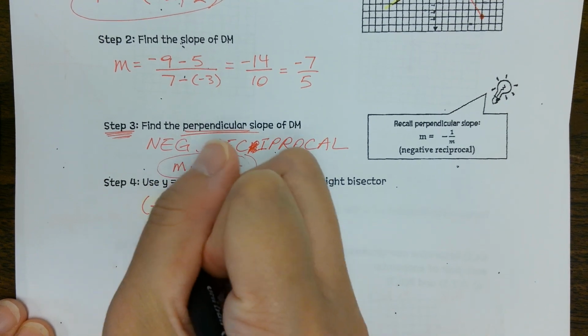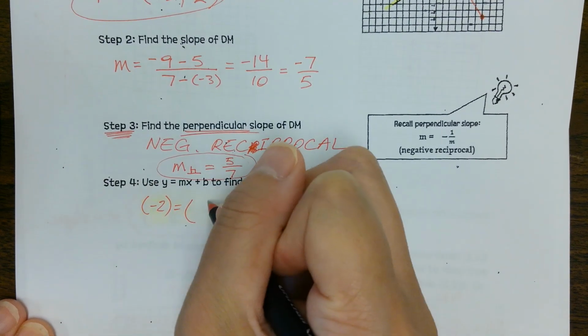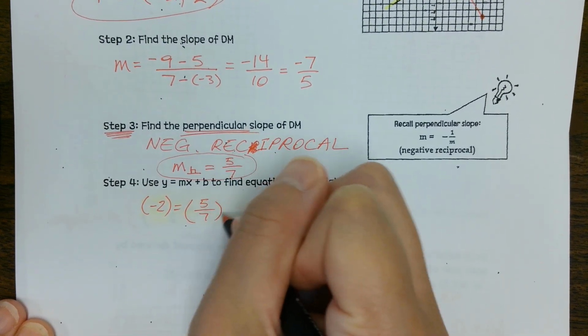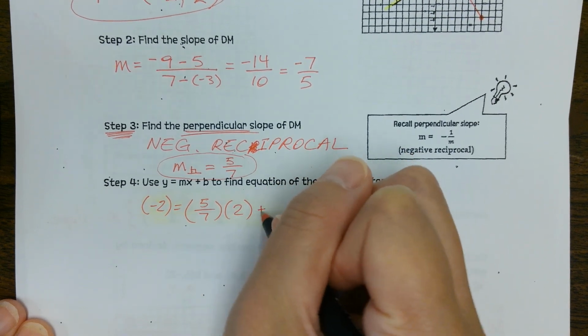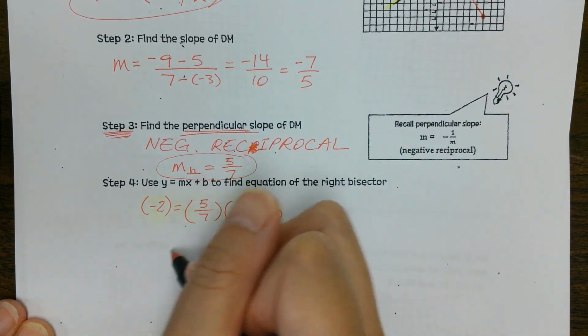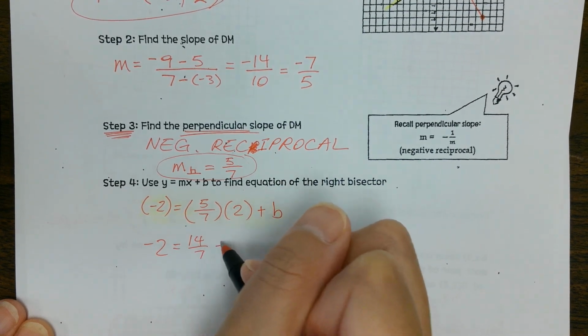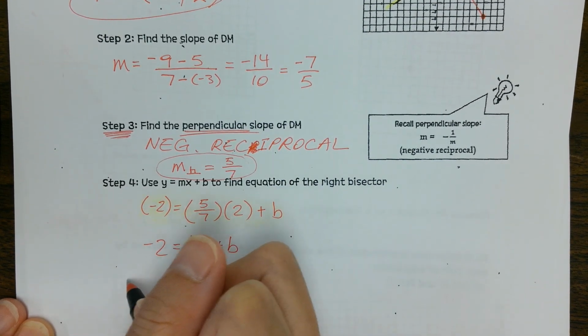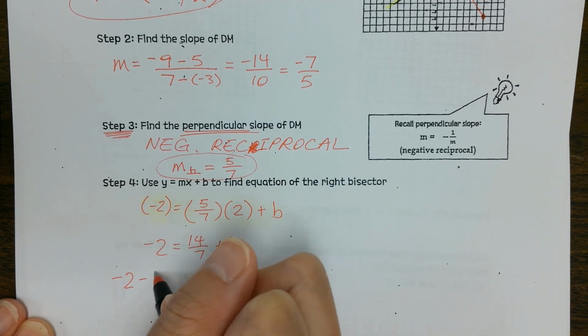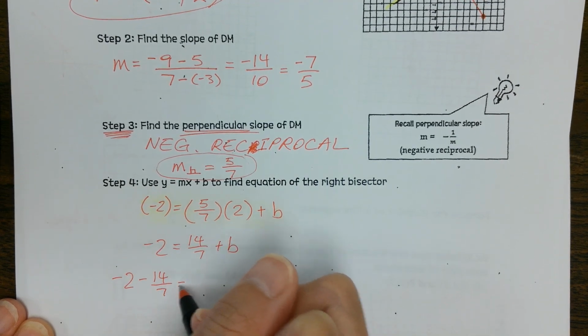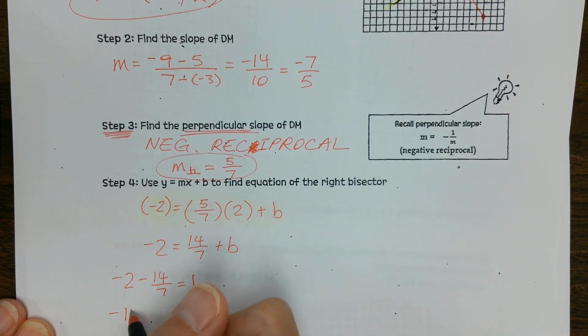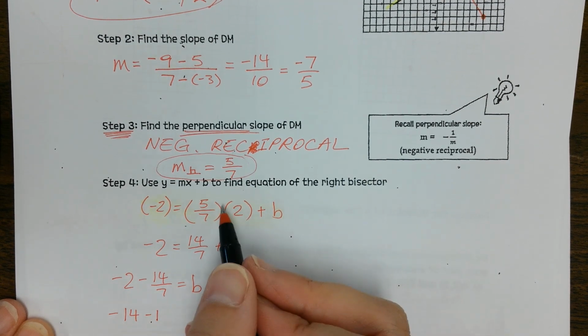So negative 2 equals 5 over 7 times positive 2 plus 3. So negative 2 equals 14 over 7. When I move it over, so negative 14 minus, did I make a mistake?